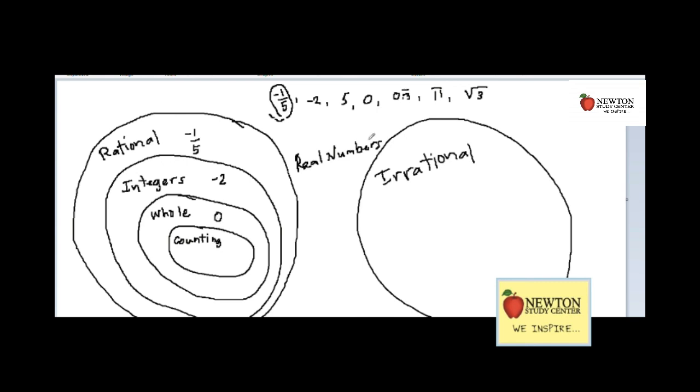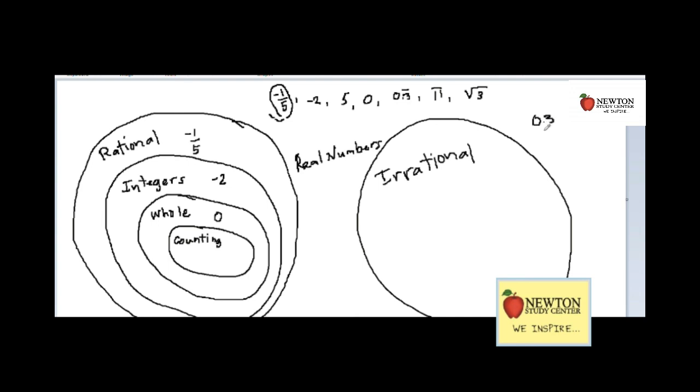And then 0.3 bar. So at first glance, we might think that 0.3 bar belongs to the set of irrational numbers because it contains an infinite number of decimal values, infinite decimals. So it may seem irrational, but actually 0.3 bar can be converted into a simple fraction.